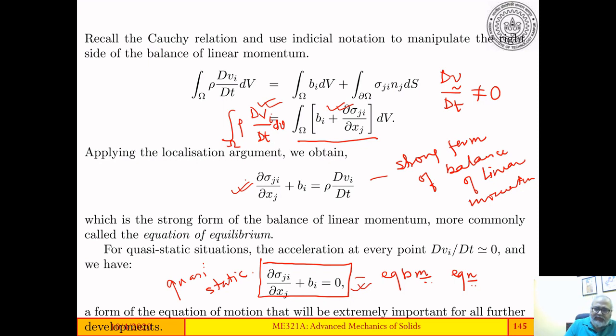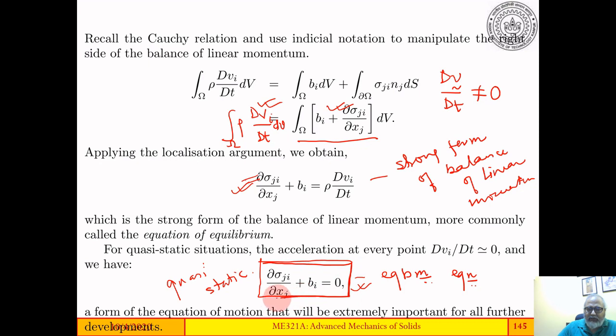So if you want to know more about how these kinds of equations are solved, you have to do a course on wave propagation in solids, and there this equation in all its glory will be taken into account. Whereas in this course, we will be satisfied with the quasi-static version.